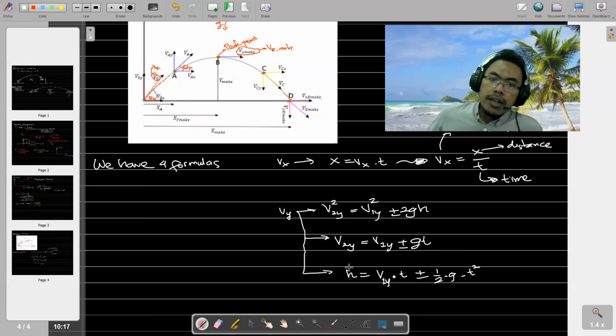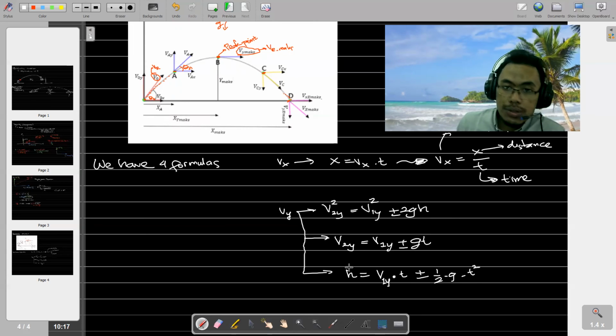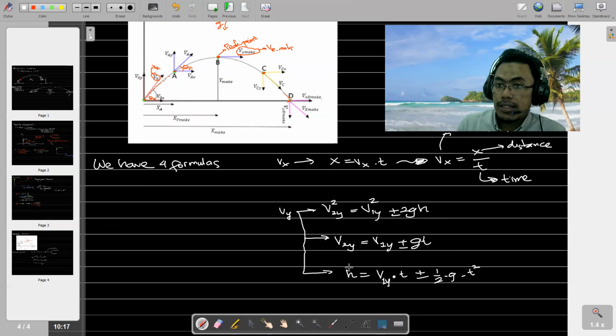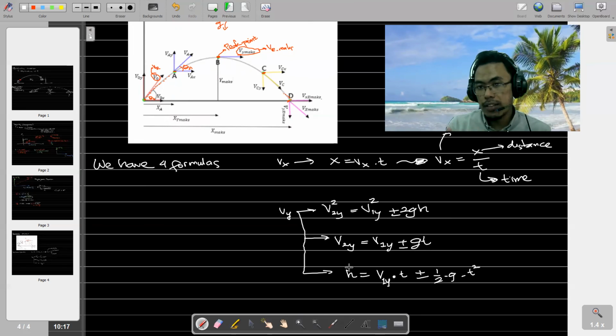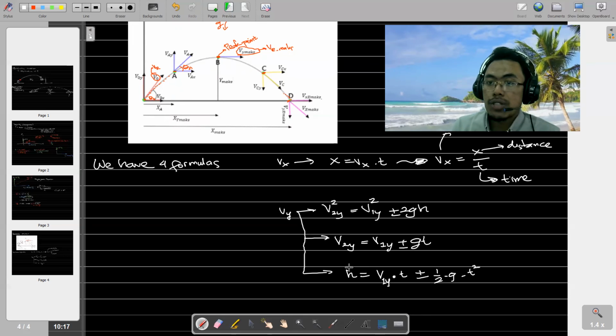And I think that's all for today's meeting. In the next meeting, we are going to learn more about how to apply these formulas. But for today, I just tell you the introduction of parabolic motion.